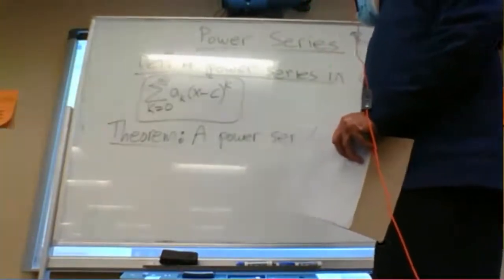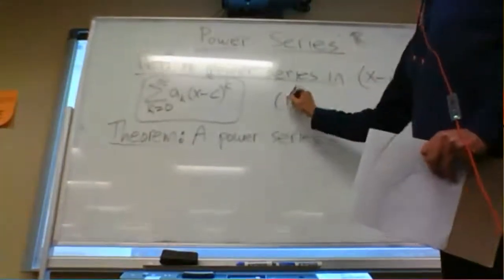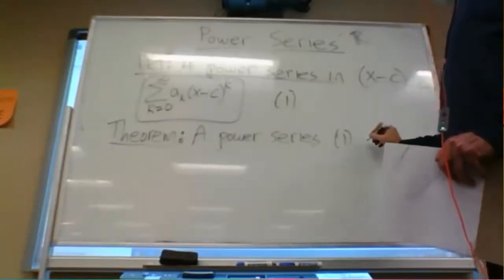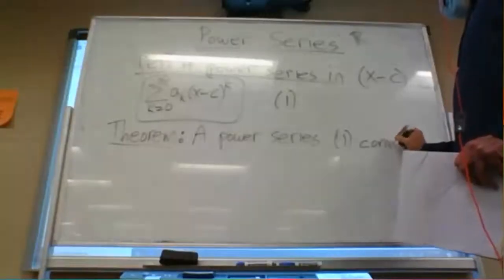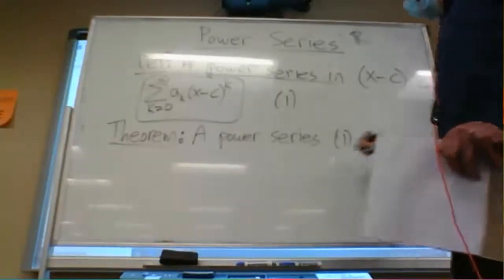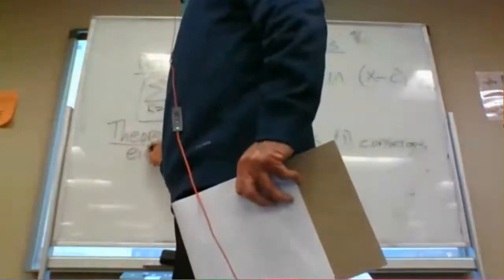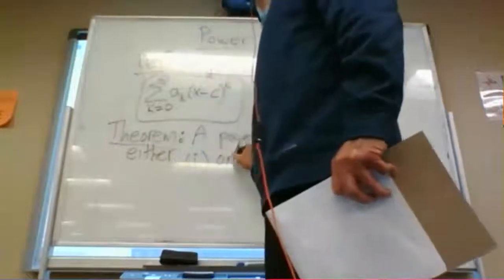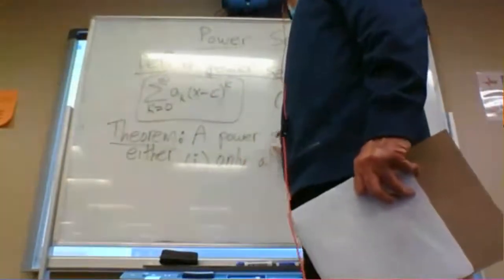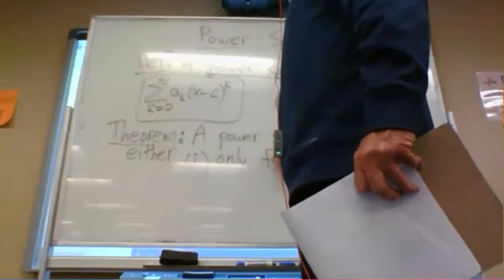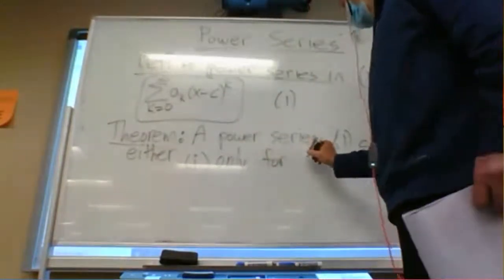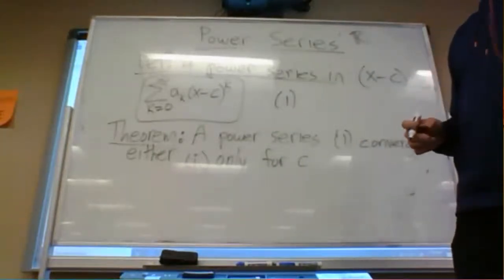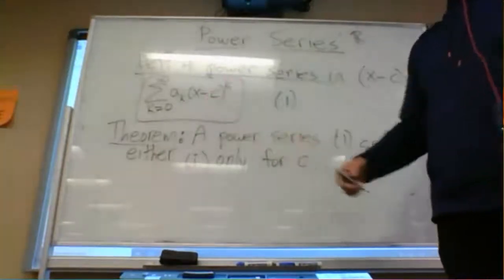A power series, call it 1 here, converges either, I'm going to write this out in a little more detail than the book does, 1 only at x equals c. In other words, the only number you can put in there that'll make it converge is x equals c. You put anything else, it diverges.